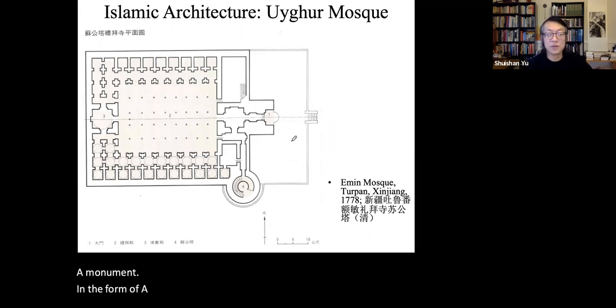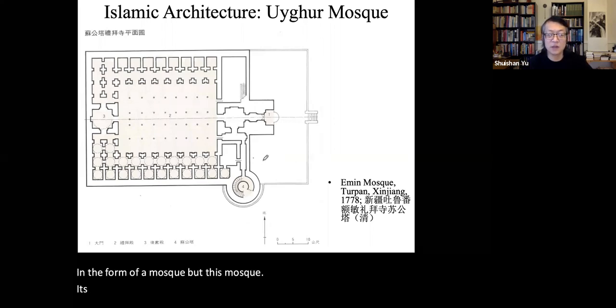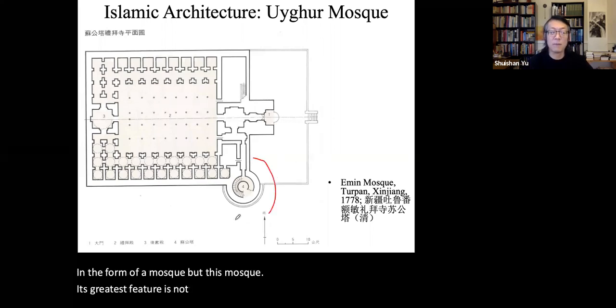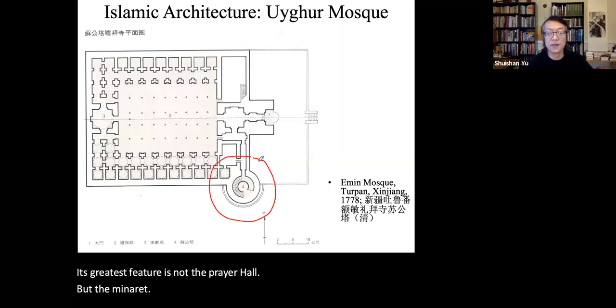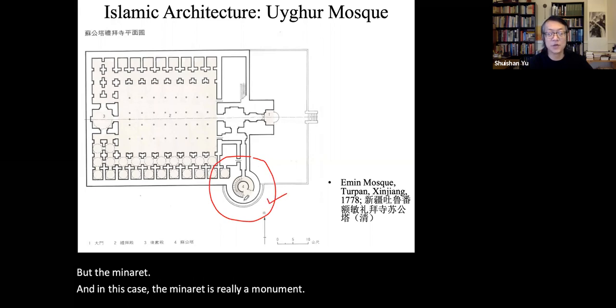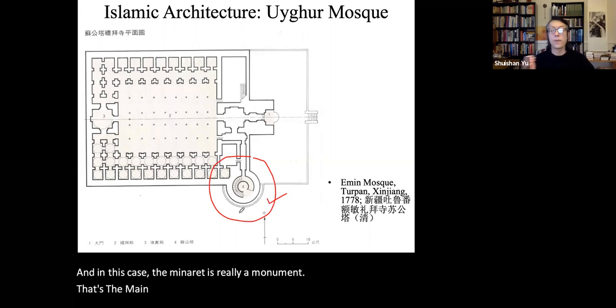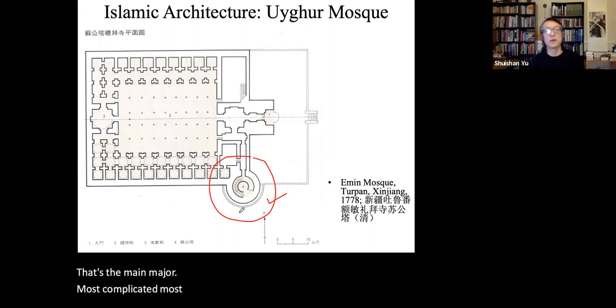But this mosque, its greatest feature is not the prayer hall, but the minaret. And in this case, the minaret is really a monument. That's the major, most complicated, most artistically elegant part of the entire mosque.